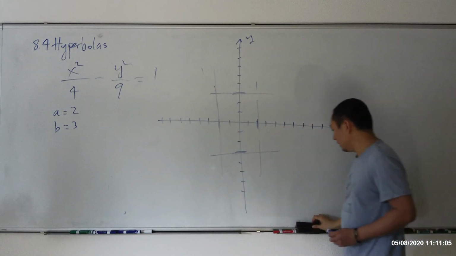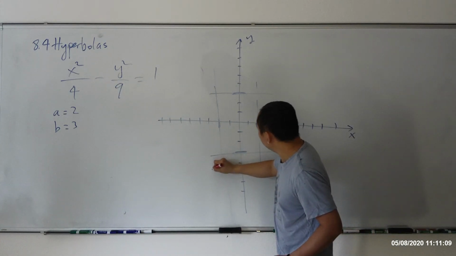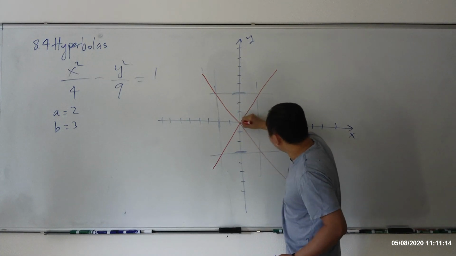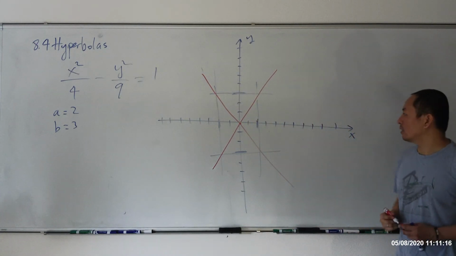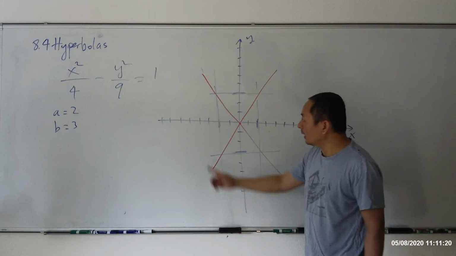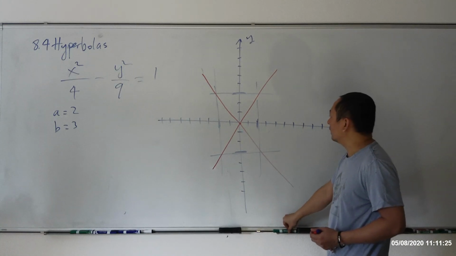Now we draw the two diagonals of the rectangle, which are the two asymptotes for the hyperbola. It's x positive, so it's going to be horizontal, left or right.